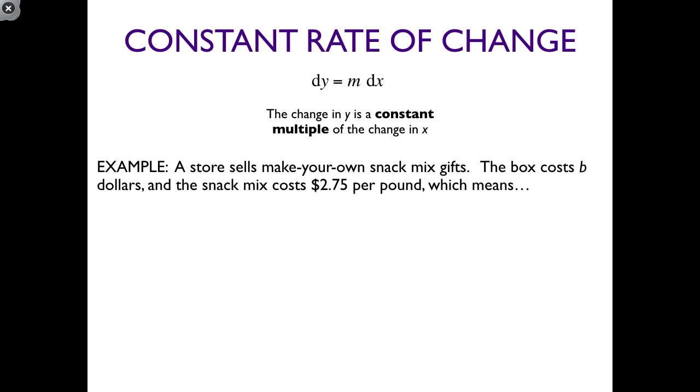That way we know what the units are, but you're not implying to people that it has to be a whole pound at a time. Yeah, so for any incremental change in the amount of snack mix bought, measured in pounds, what was the rest of it? Your price is that change times 2.75.